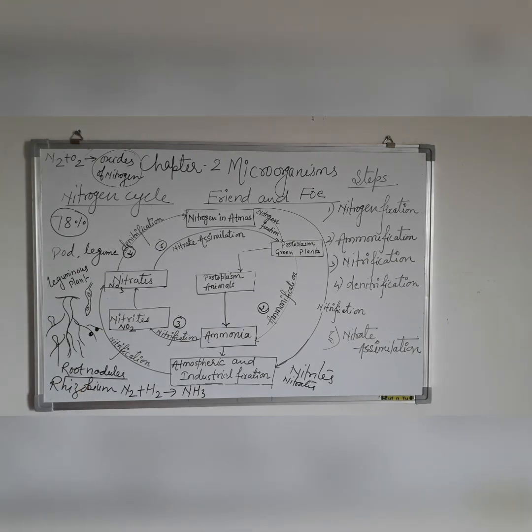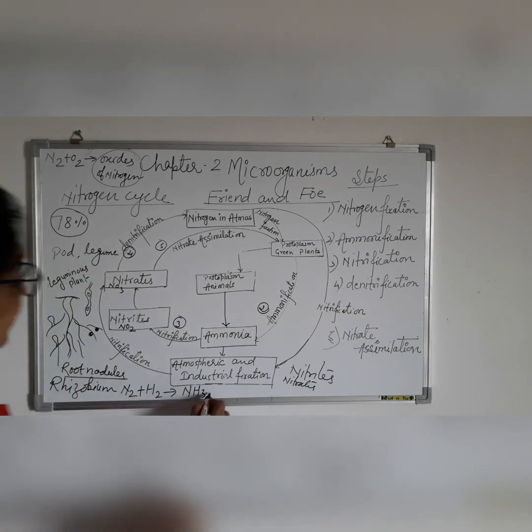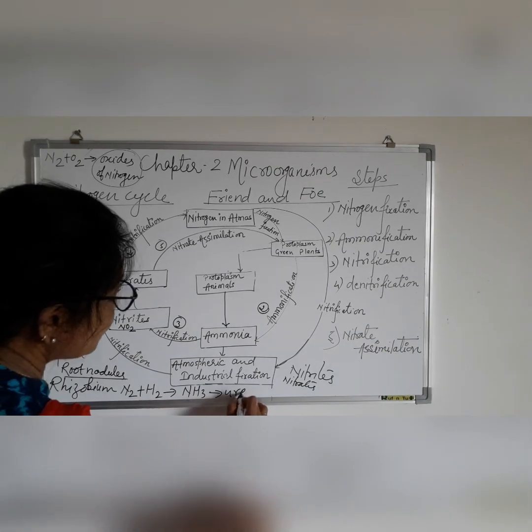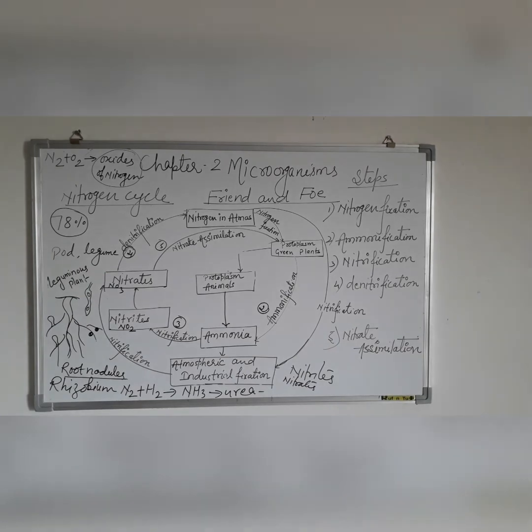Ammonia is often changed further to urea because the latter is less toxic. So children, we know that urea is a type of nitrogenous fertilizer which is rich in nitrogen and given to the plants for their growth and development.